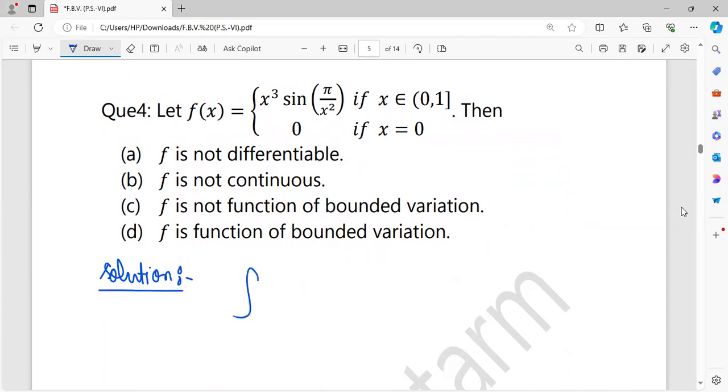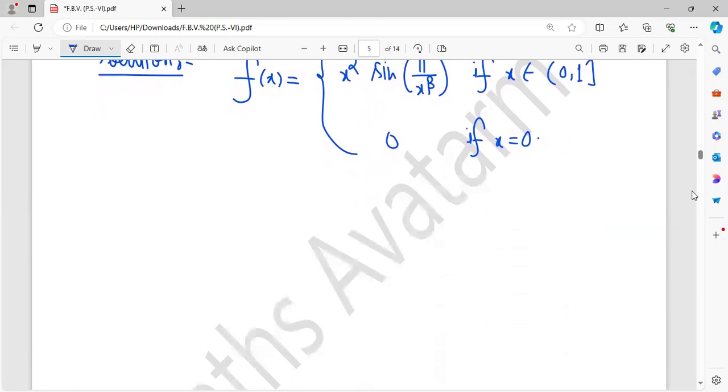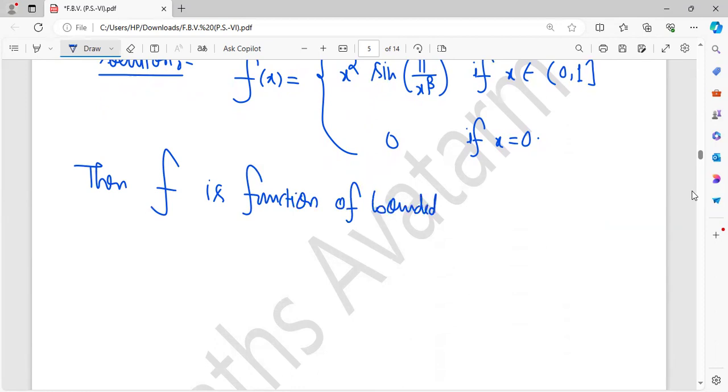If f(x) is equal to the same, with cos replaced by sine, x to the power alpha sine(pi upon x to the power beta) if x belongs to (0, 1], and 0 if x is equal to 0, then f is a function of bounded variation if and only if alpha is greater than beta.